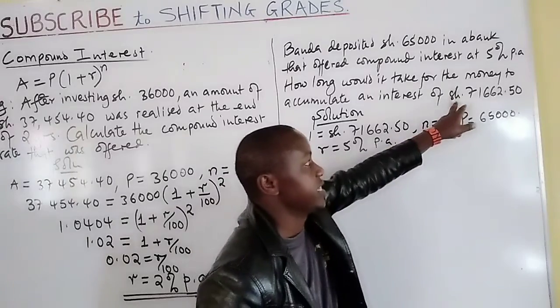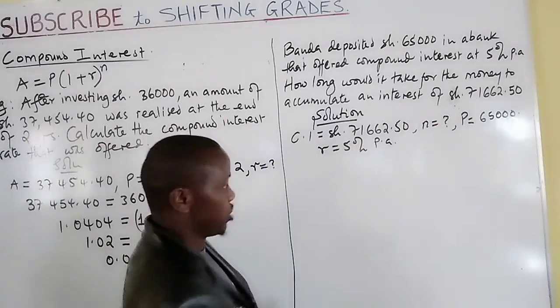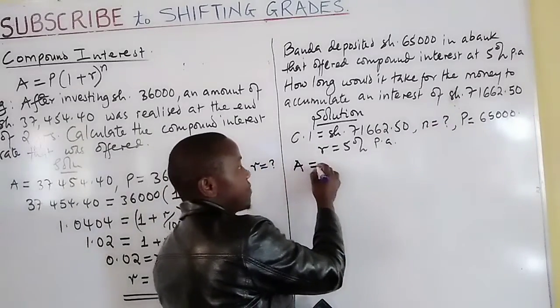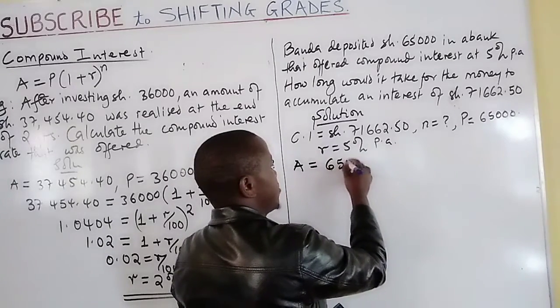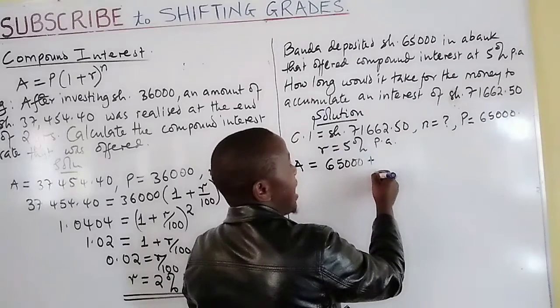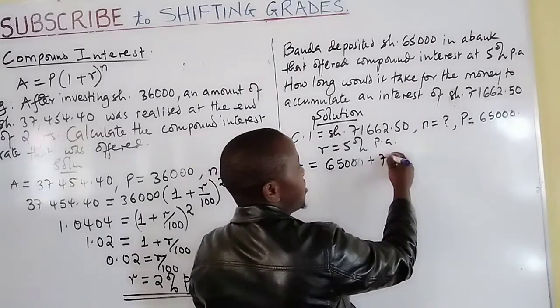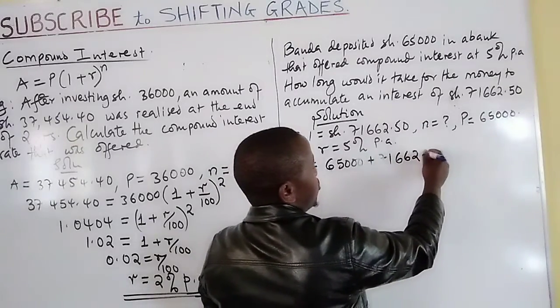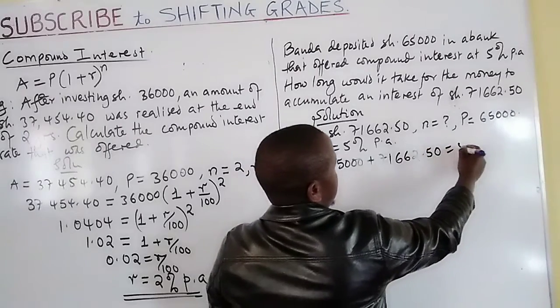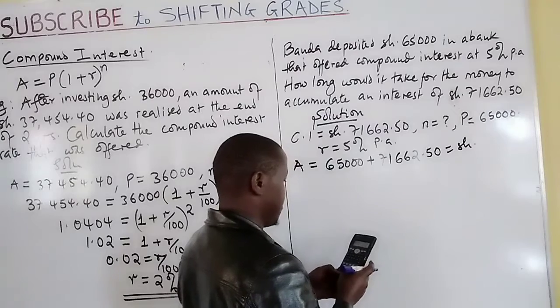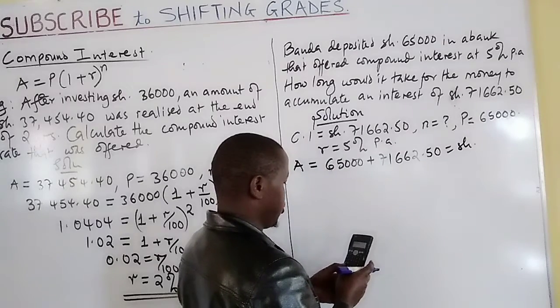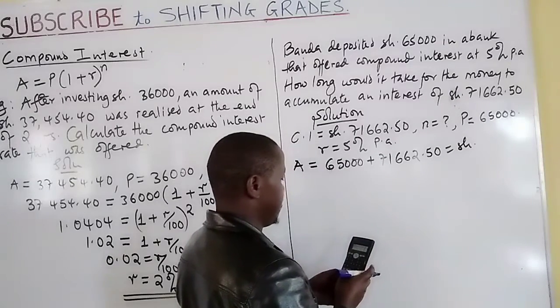Therefore, if this is the interest, we calculate the amount. So the amount will be the money which had been deposited, 65,000, plus the interest generated, 71,662.50. So the amount at the end of those years will be 65,000 plus 71,662.5.